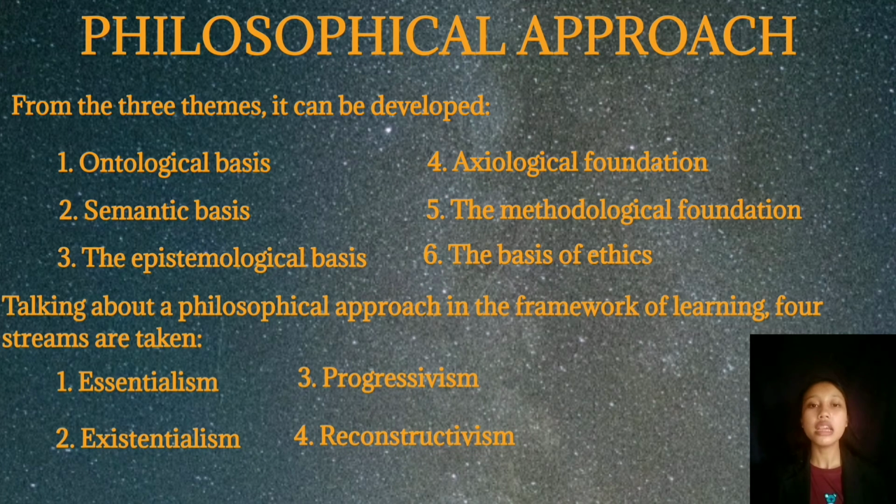Fourth, axiological foundation, where the teacher must be able to explain and advise a student. Fifth, it is the methodological foundation, where the teacher must understand the procedure and method of learning. And the last one, the basic of ethics, where the teacher must be able to understand and interpret moral consideration.